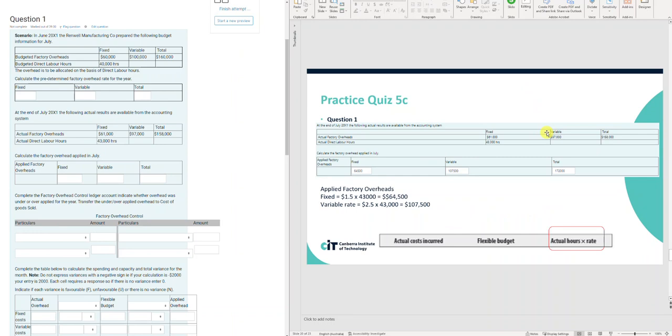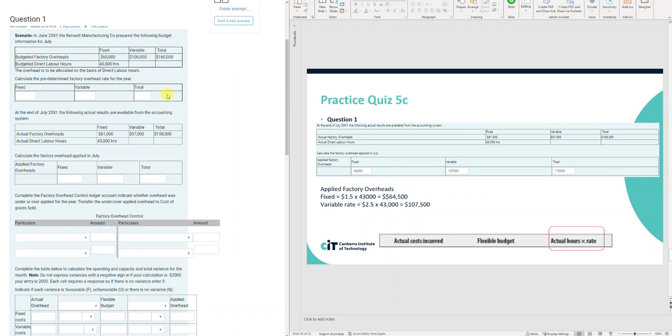Okay. So in this case, let's look at it. So basically the calculation will be largely similar. We'll use the applied factory overhead rate that you calculated from the above, which from memory is $1.50 and $2.50.